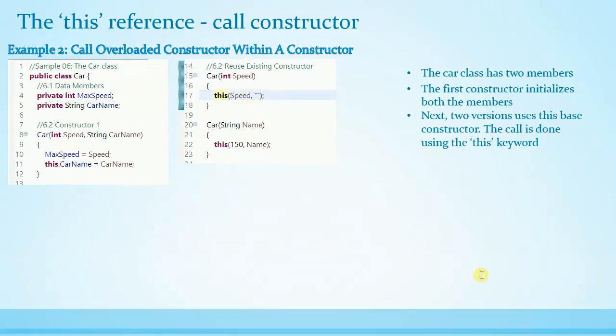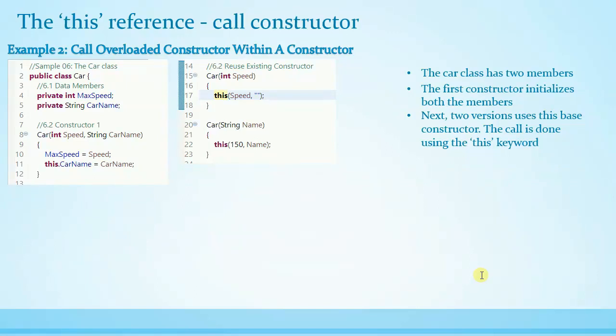So here we use this, open parenthesis, then we pass the two parameters. One is the incoming speed, and another one we are forming on the fly. So this initializes the speed with whatever is coming as parameter. Then name is initialized with an empty string.